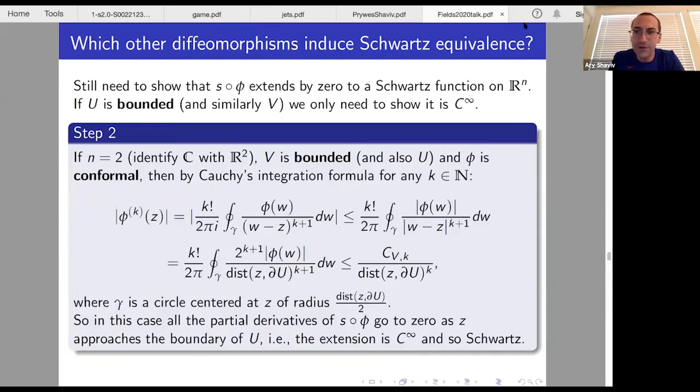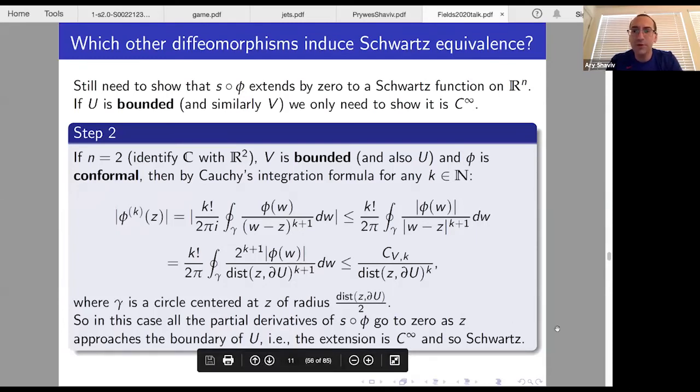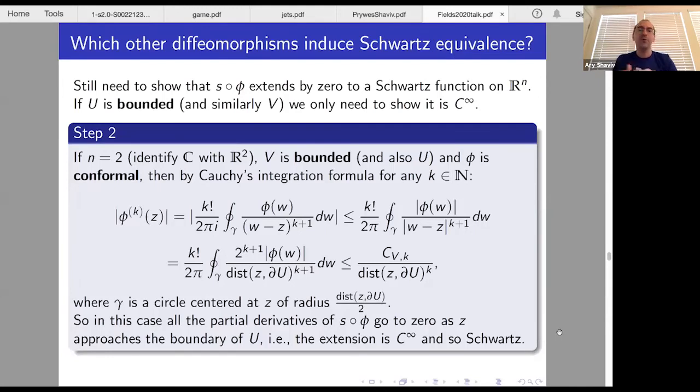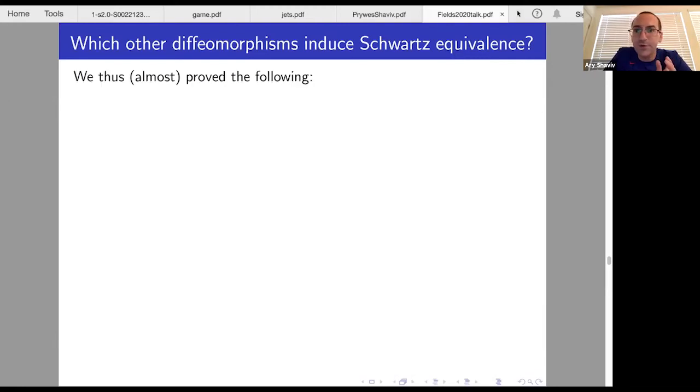All right, so we'll have a Schwartz function multiplied by something that explodes, but not too badly. Okay, so we have that S composed with phi extends to a C infinity function and hence to a Schwartz function. So we kind of proved the following theorem.